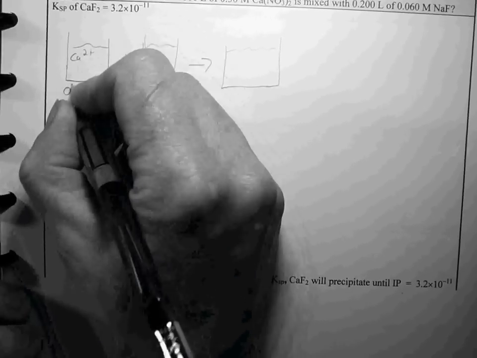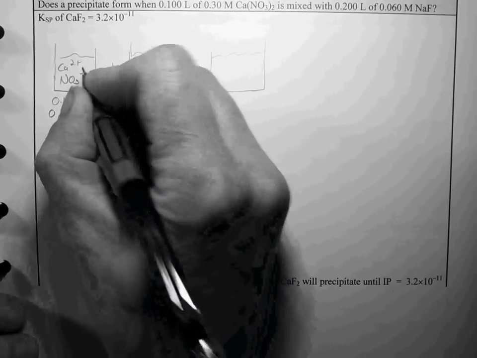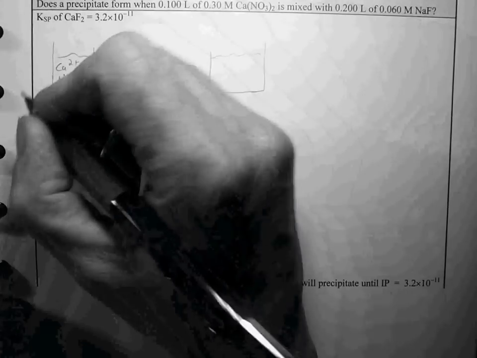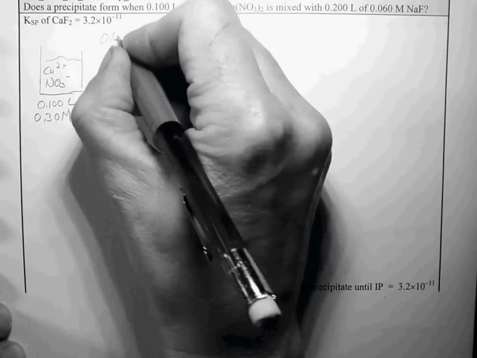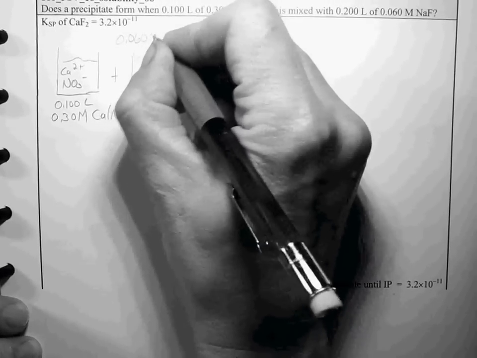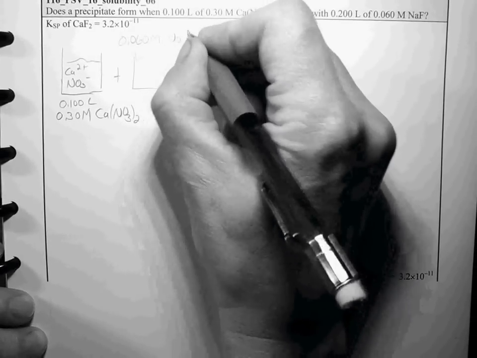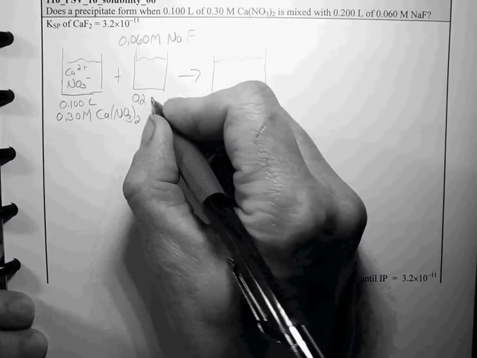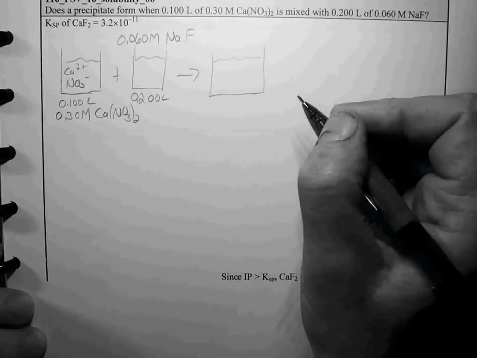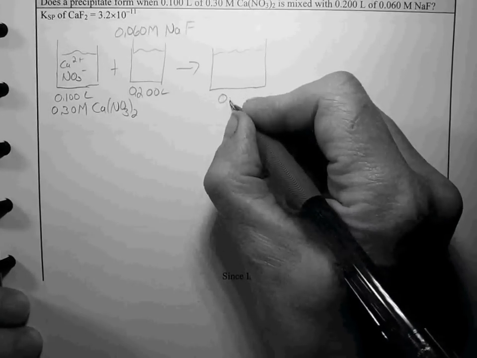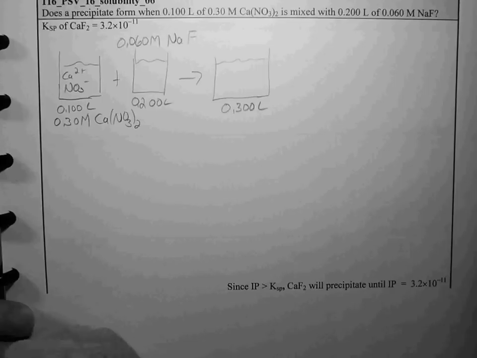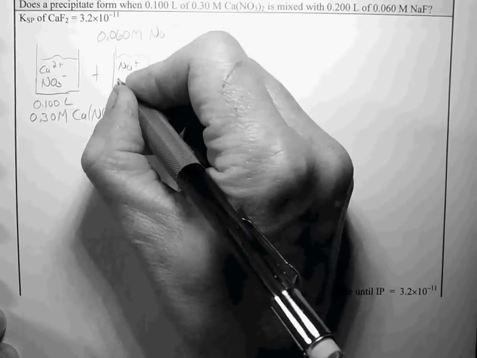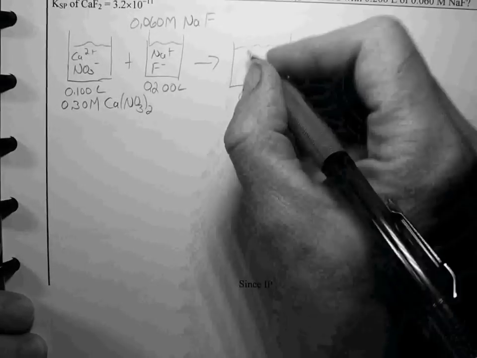So we have calcium 2+ and nitrate ions in solution, and here we have 0.060 molar sodium fluoride, and that's 200 milliliters or 0.2 liters. So our final volume is 0.300 liters. Our second beaker has sodium ions and fluoride ions.